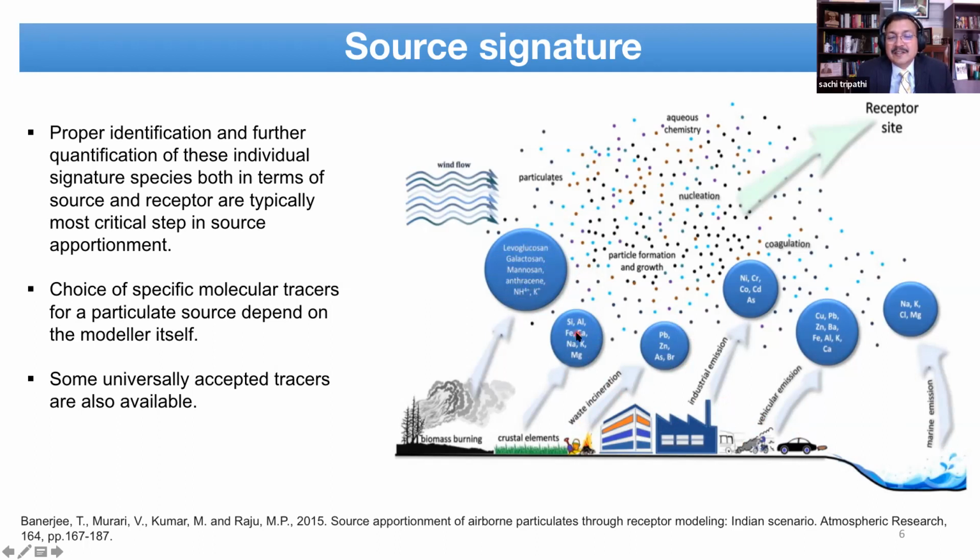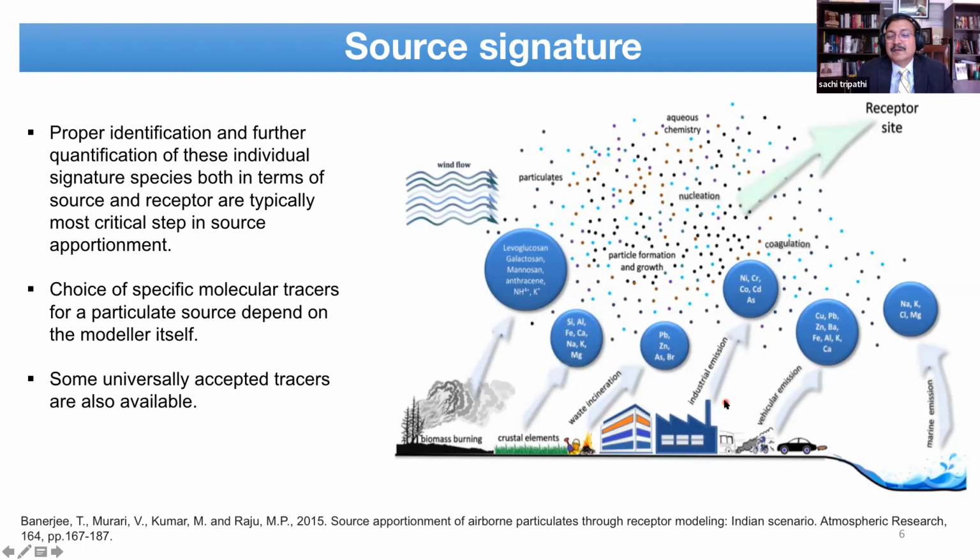If you look at the crustal sources, the particles which come from them would have crustal elements: silica, aluminum, iron, calcium, magnesium, etc., which is very distinct from this. Then if something is coming from a waste incineration plant, it would have lead, zinc, arsenic, bromine.